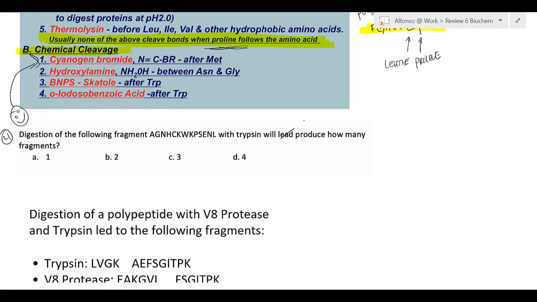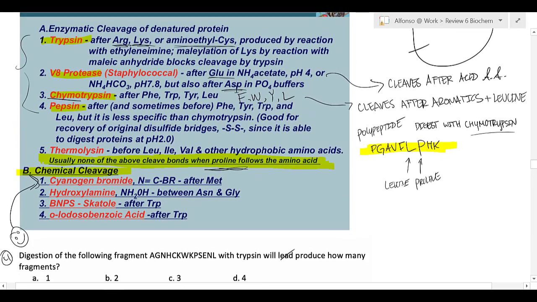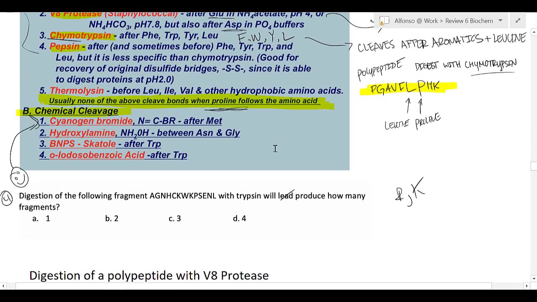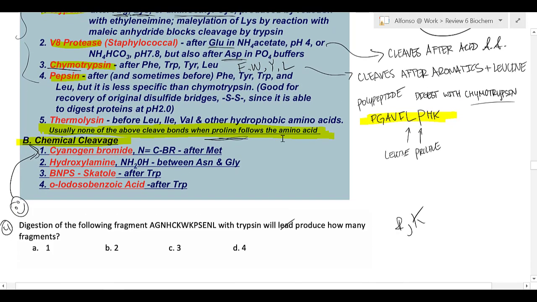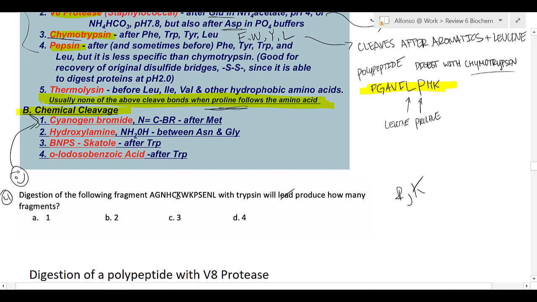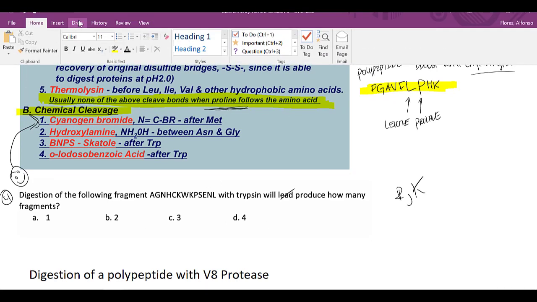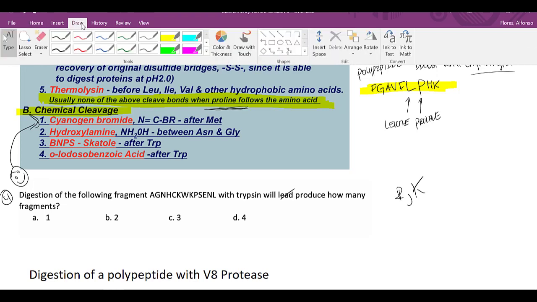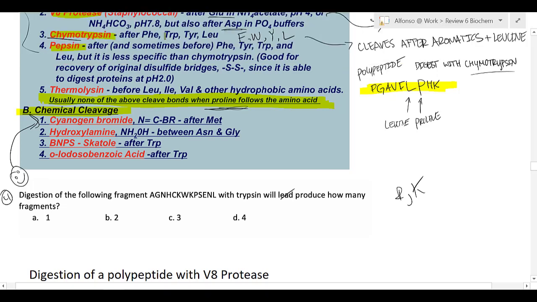We're digesting it with trypsin, and trypsin cleaves after R and K. And aminoethylcysteine, there's no aminoethylcysteine. How would you know that? If you see a C in a sequence like that and the question tells you there's an aminoethyl group on it, then you'll know that cysteine has been modified that way.